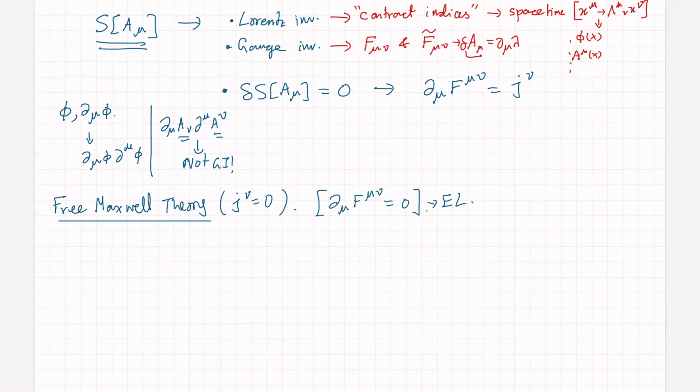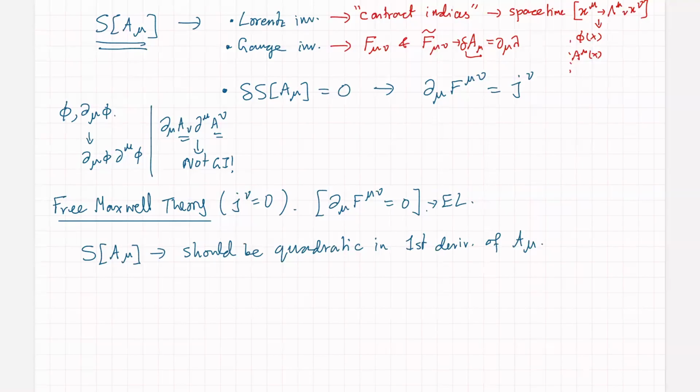So what do I know about any free theory? I know that it should be quadratic in the first derivative of the field variable, right? Just like in the scalar case, it's del_mu phi del^mu phi.